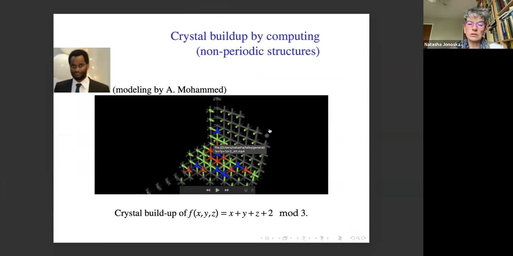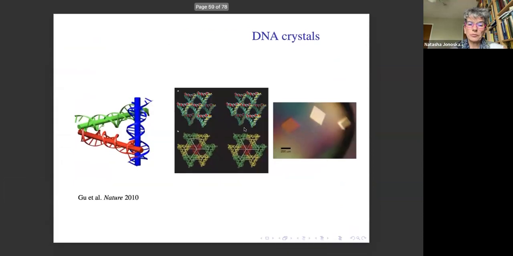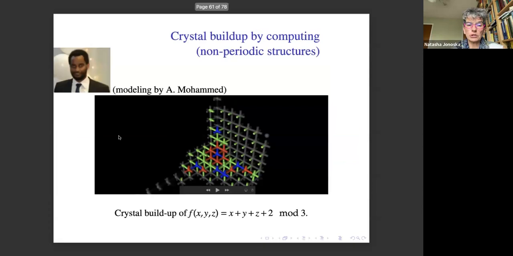And to design an aperiodic crystal, you can imagine that on each one of these sides I can encode a function, a computation. I can design strands that correspond to 0, 1, or 2. So I can look at a ternary function.